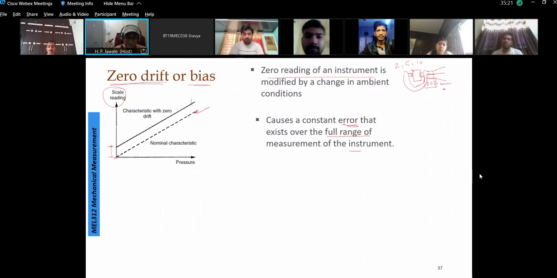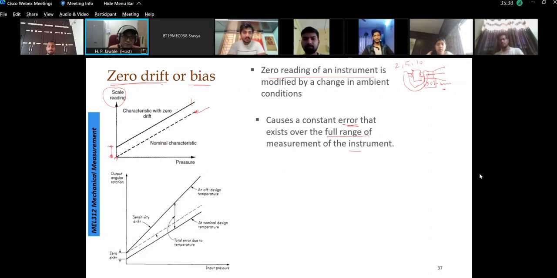Right? Dead band and threshold are the characteristics where the initial input is consumed. But here it is going to show some output even at zero input. At zero pressure, it is going to show some pressure on the scale. Right. Now, I think this we'll discuss in some next slide.